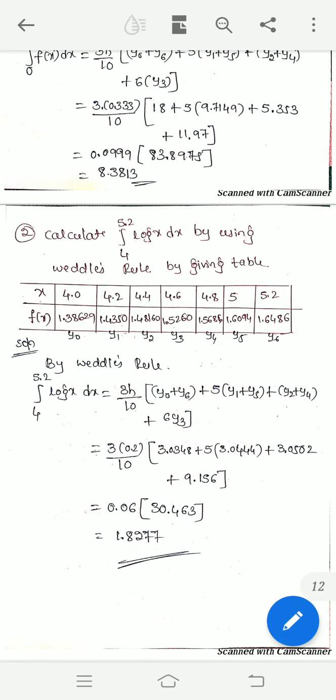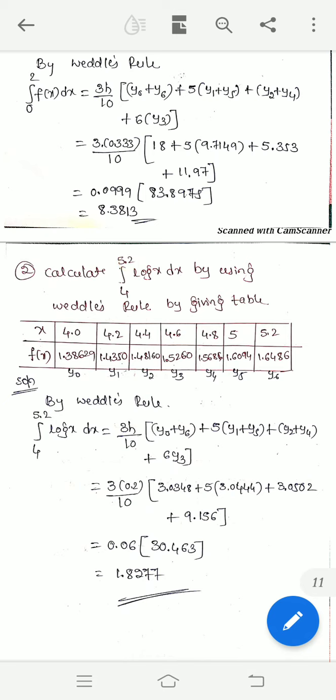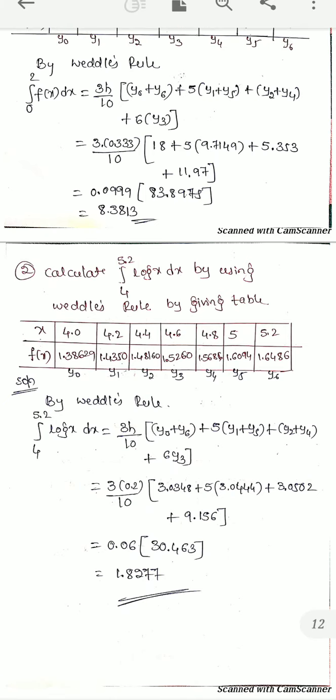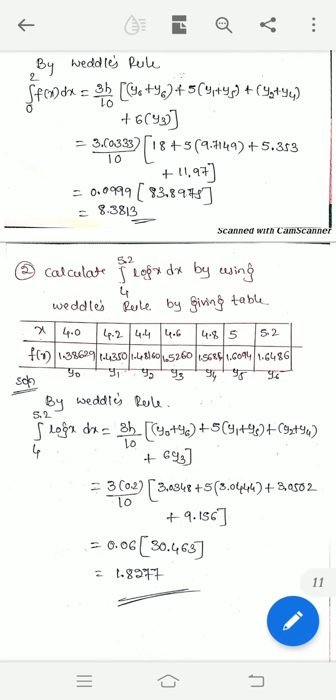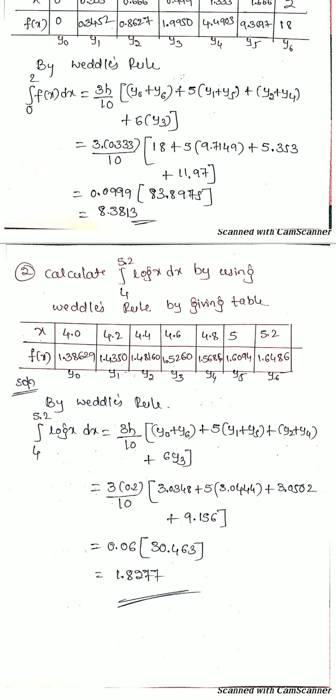Dear students, similarly take the last example of this method. The second example: calculate the integral from 4 to 5.2 of log x dx by using Weddle's rule with the given table. Here x values and f of x values are given. The x values are 4.0, 4.2, 4.4, 4.6, 4.8, 5, 5.2.